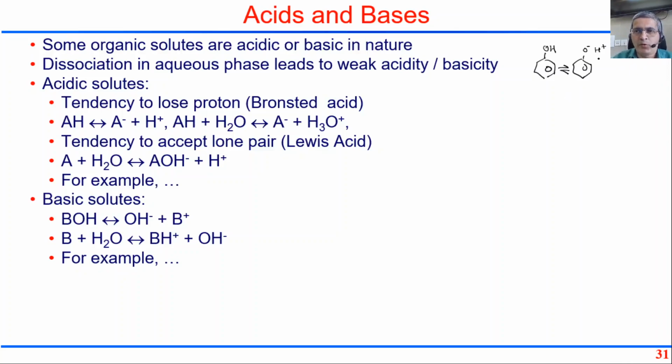And therefore I can react it with a base, but now that base can be in a different phase. So we've seen this kind of reactive extraction. Now what this dissociation extraction we are going to see is that we are going to have two such compounds which are having different acidity or different basicity, and we are going to be able to separate them on the basis of their acidity or basicity.